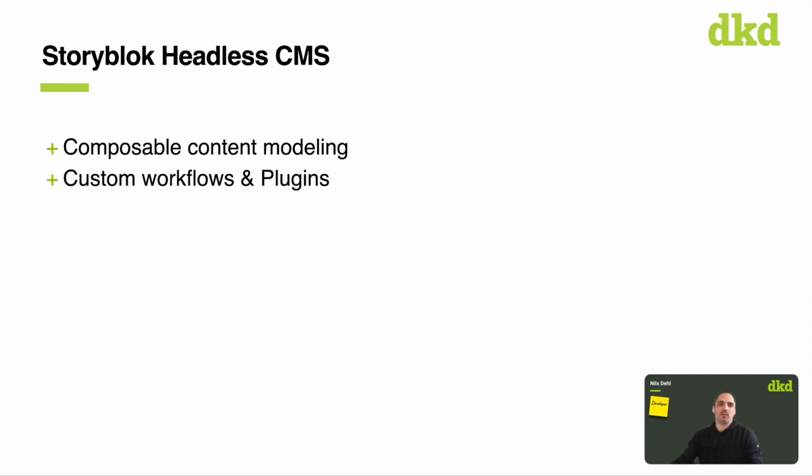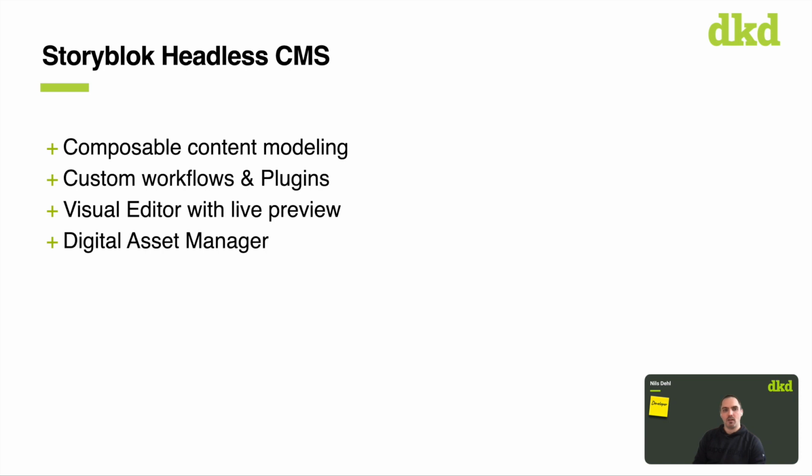It delivers custom workflows and plugins to enhance the functionality. We have a visual editor, which is really nice for the editors to manage the content and have a live preview of the results. It comes with a digital asset manager for images, documents, and so on.